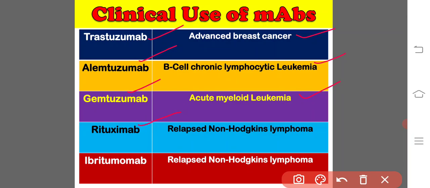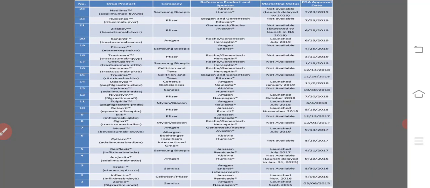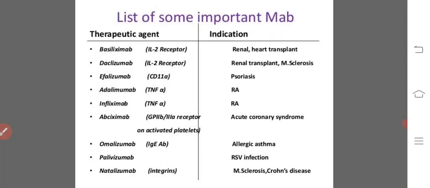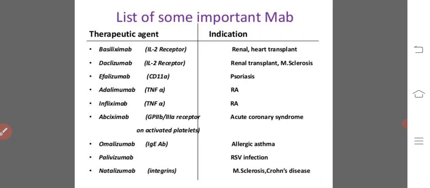Rituximab, relapsed non-Hodgkin's lymphoma. Ibritumomab, relapsed non-Hodgkin's lymphoma. So these are certain monoclonal antibodies which are used extensively to treat these kinds of diseases. This is a list of monoclonal antibodies which are used as drugs to cure different kinds of disorders.